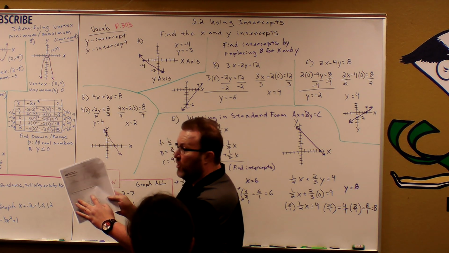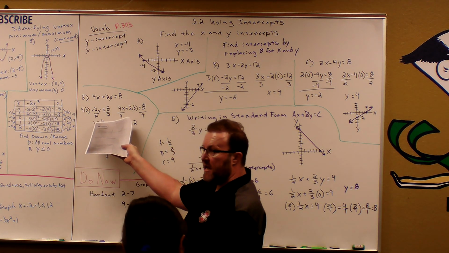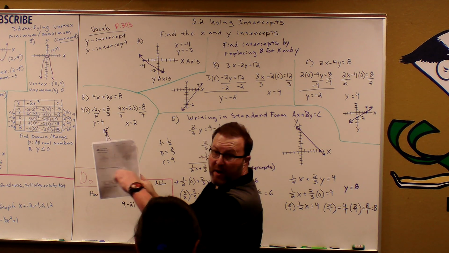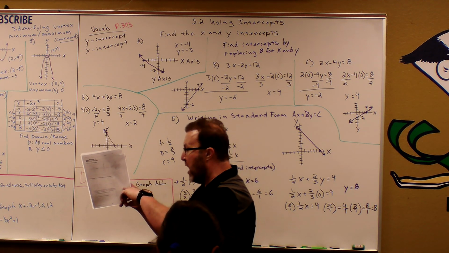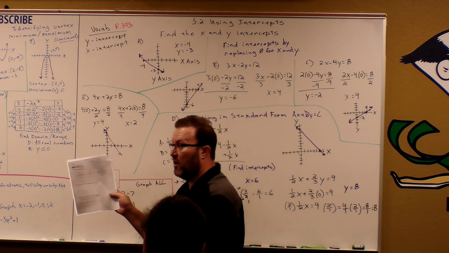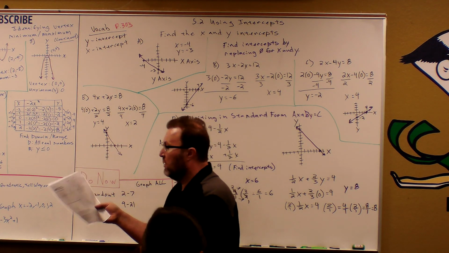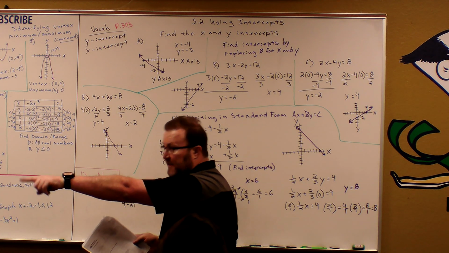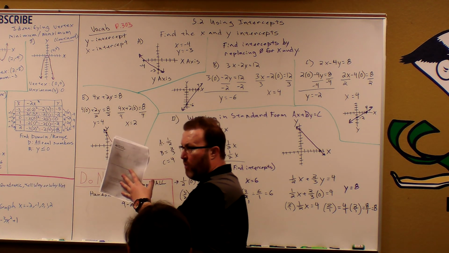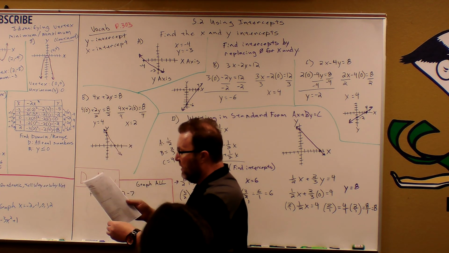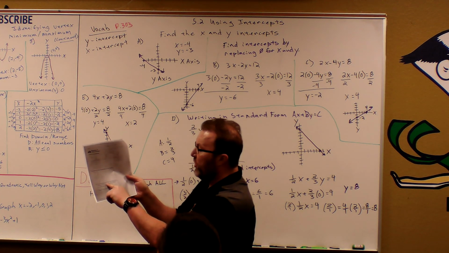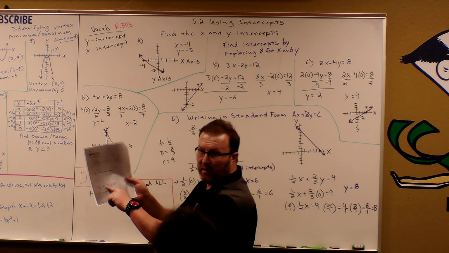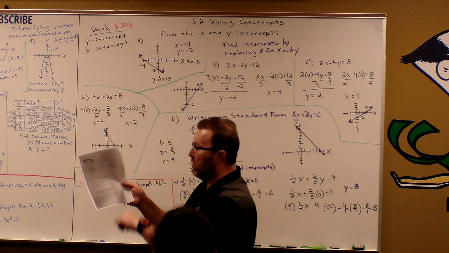These next ones, these two, are exactly like E. You're going to write the equations twice. You're going to replace x with 0, y with 0. Figure out what the intercepts are. This is still part of it. Okay. And then the last question also gives you the equation. You're going to replace x with 0, y with 0, and go ahead and solve it.